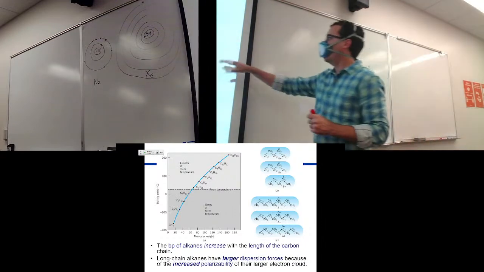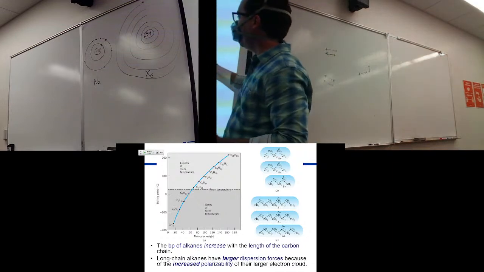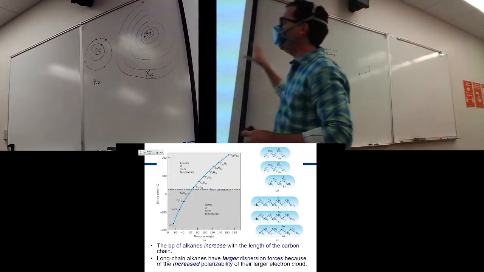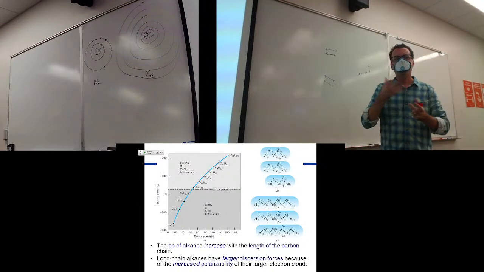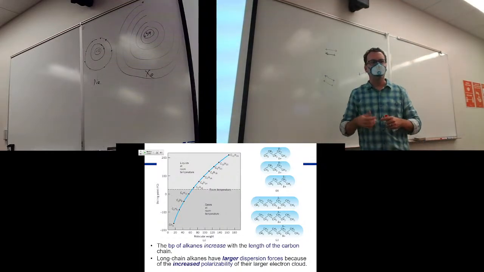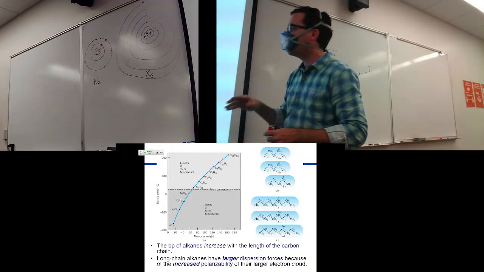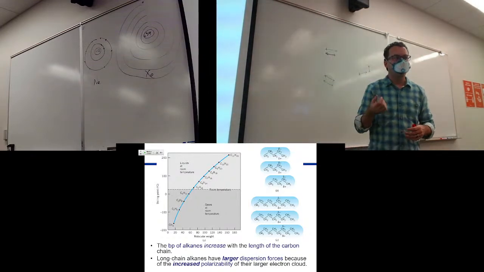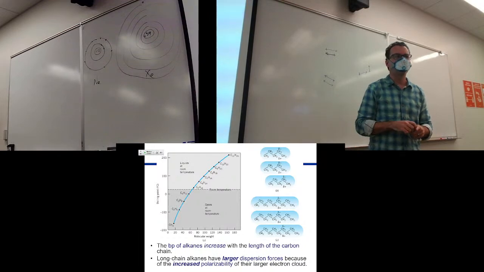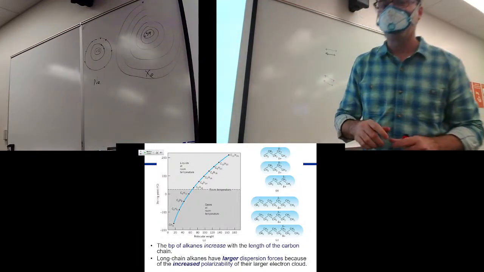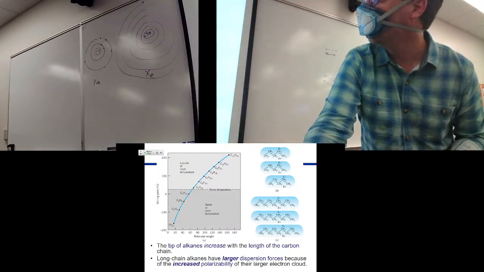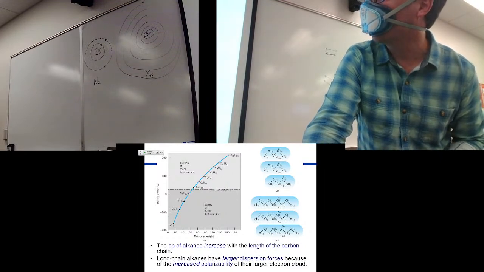So why does that happen? It's not the molecular weight, it's the fact that you've just got more places for an instantaneous dipole to occur along a larger molecule. All right? So the surface area is going to be a key part of why something is more polarizable than another thing. So the more surface area you have, you're going to see stronger dispersion forces.